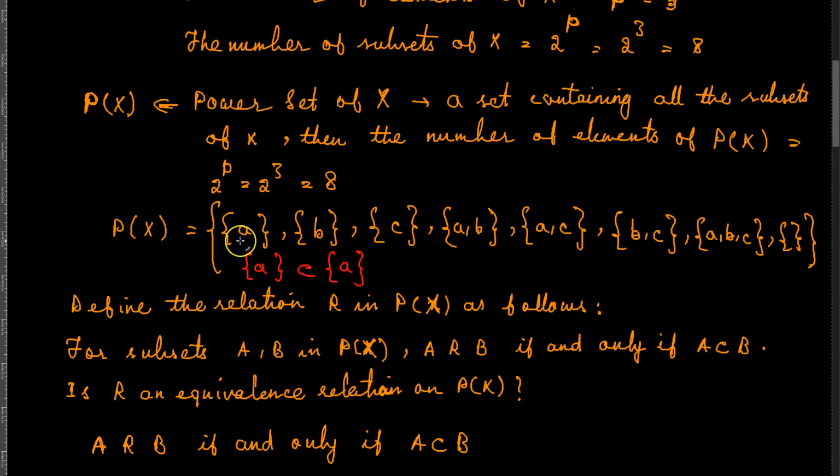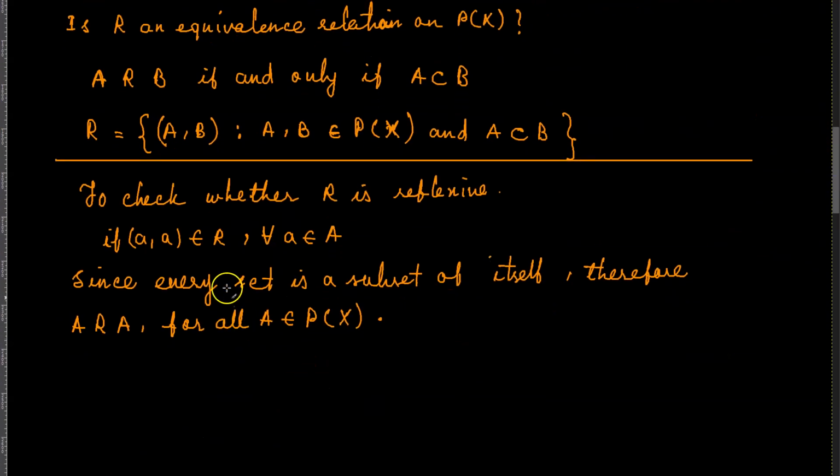That means that for each and every member of P of X, A comma A belongs to R for every A belonging to A, and so you can say that therefore R is reflexive, right?